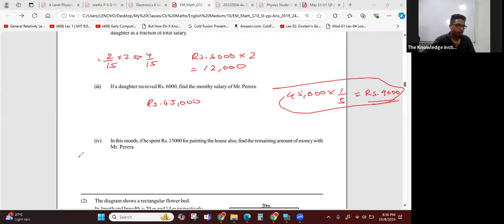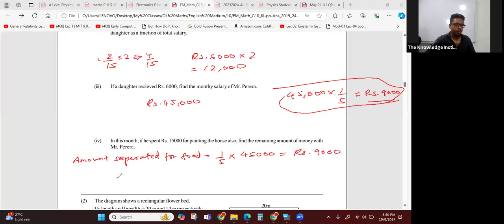So we can write amount spent for food: 1 out of 5 of means multiplication of 45, so that is 9,000 rupees.